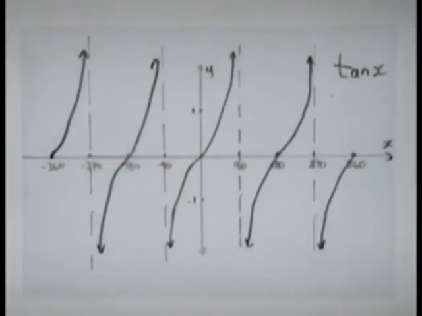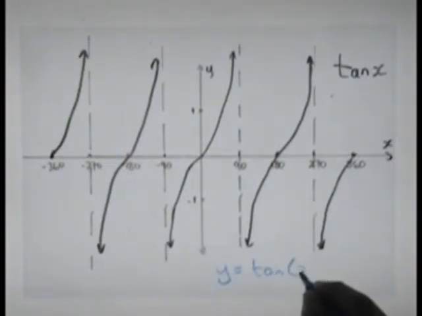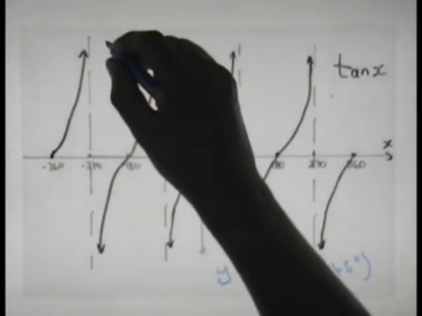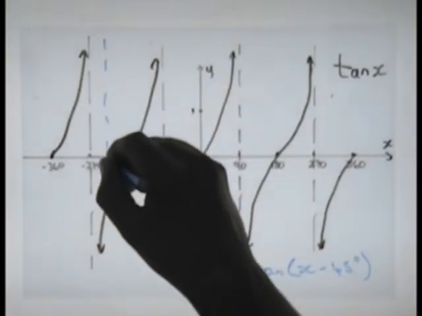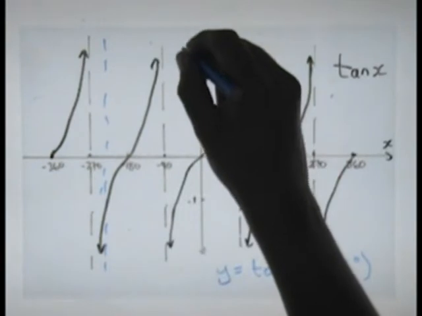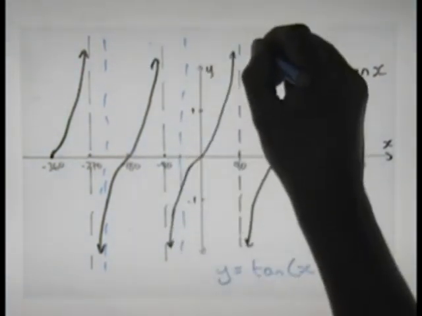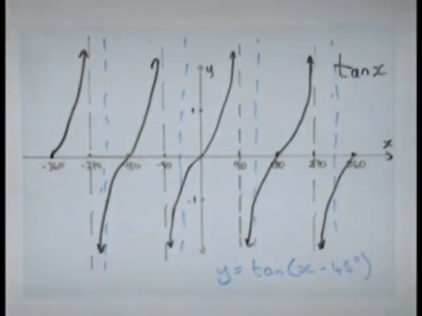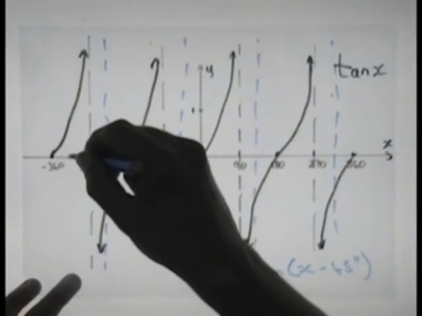We are now going to look at the tan of x graph. We are only going to look at one transformation, tan of x minus 45 degrees. Now all that this means is that our tan graph is going to be moving 45 degrees to the right. That means that each of our asymptotes as well will move 45 degrees to the right, and each graph will follow those asymptotes, will also move 45 degrees to the right.